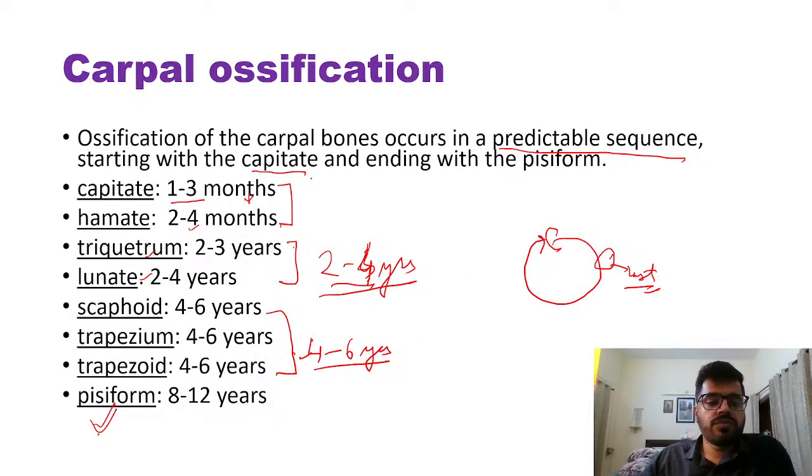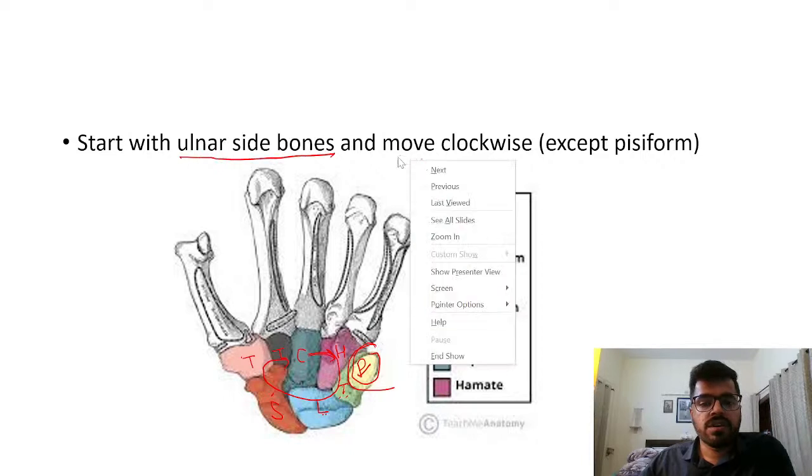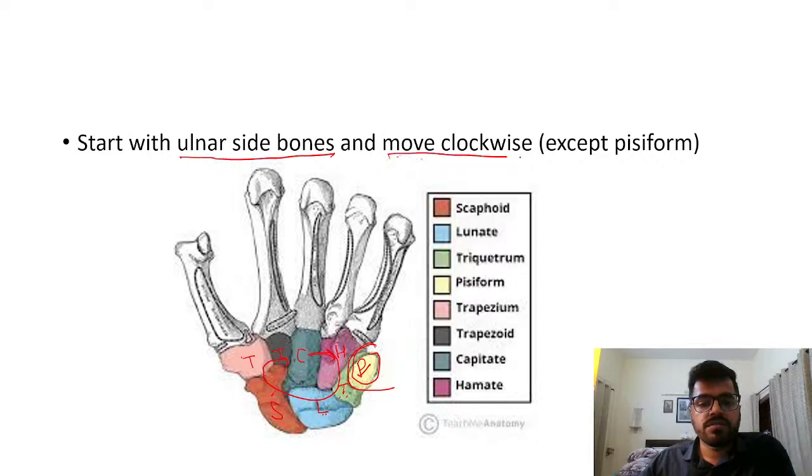So 2 to 4 months, 2 to 4 years, 4 to 6 years, and 8 to 12 years. Simple. Start with ulnar side bones and move clockwise, except pisiform.